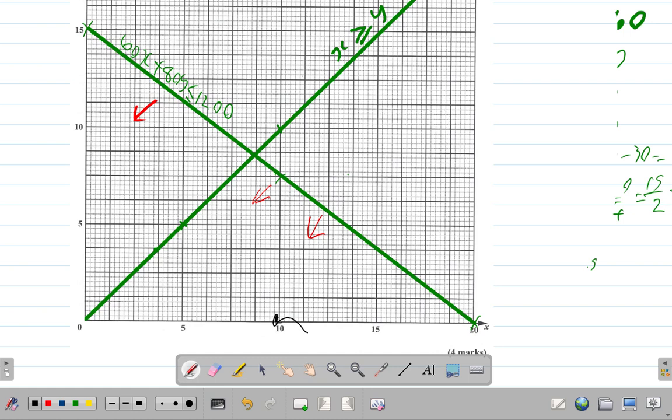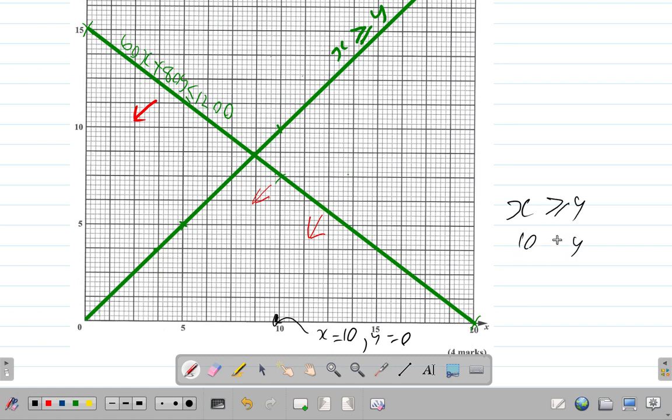X equals 10, y equals 0. We could try that and see. Now it says x must be greater than or equal to y, but x is 10 and y is 0. Is 10 greater than or equal to 0? Yes.